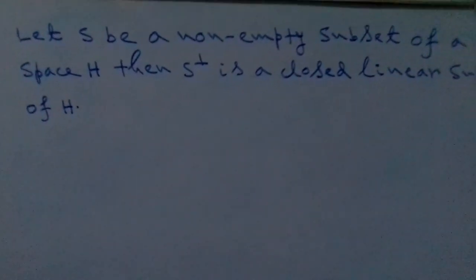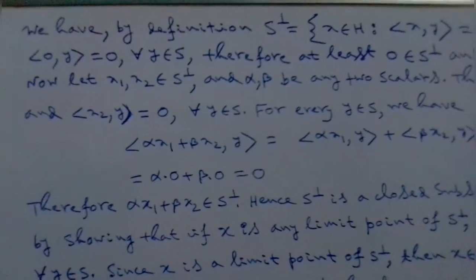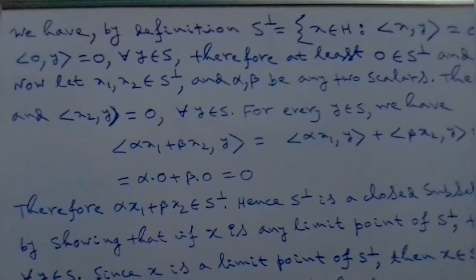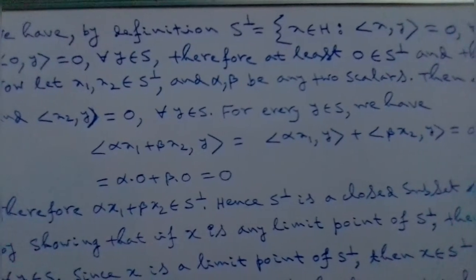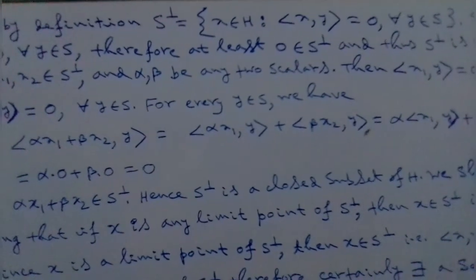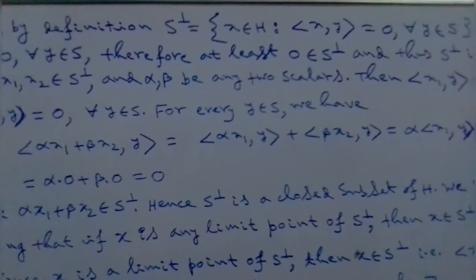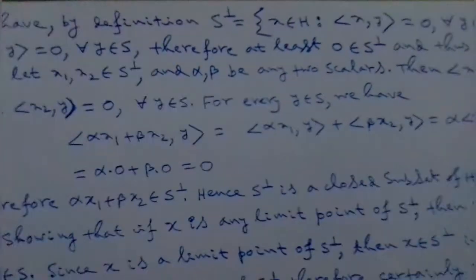Let's watch this theorem. Now we have, by definition, S perpendicular equals the set of x belonging to H such that x dot y is 0 for all y belongs to S. As per the definition we can show this result.